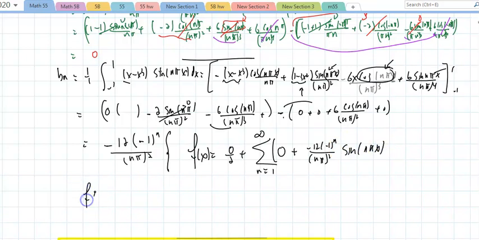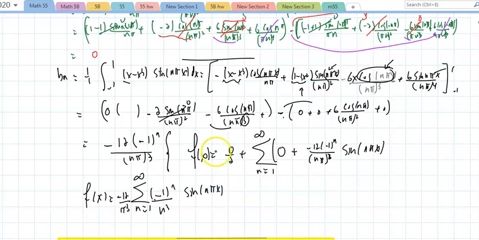So simply f of x will be the series n equals 1 to infinity of, I could take a negative 12 over pi squared out, times negative 1 to the n over n cubed, the sine of n pi x. And that would be my final answer.